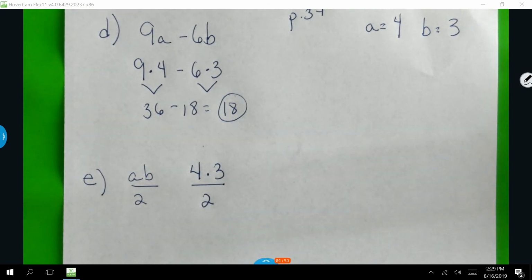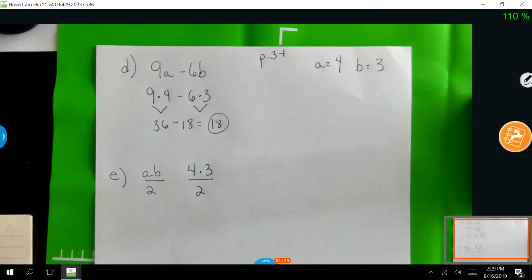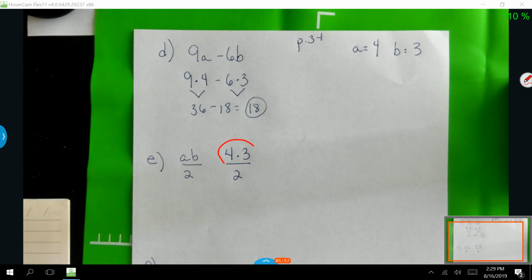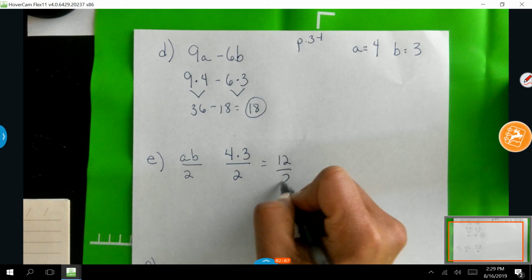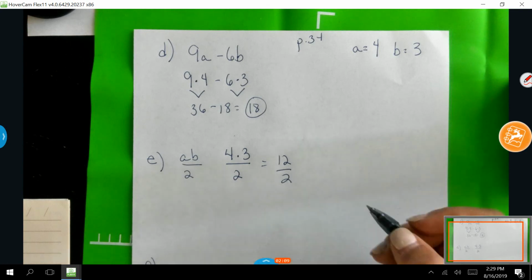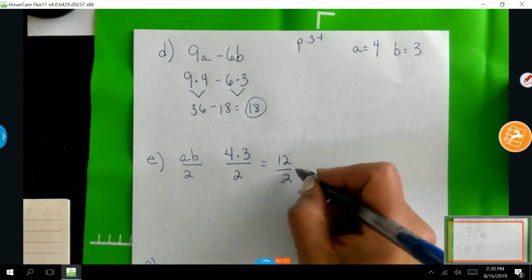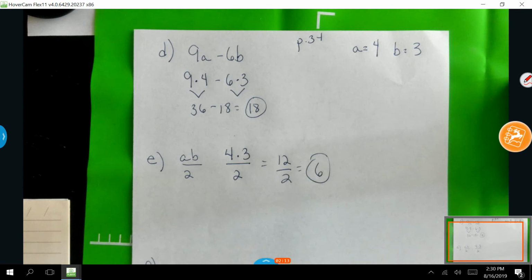Remember, a fraction bar is a grouping symbol, which means we have to solve this first before we can divide by 2. Okay? So what is 4 times 3? 12. And this means divide. So 12 divided by 2 is 6. So that is correct.